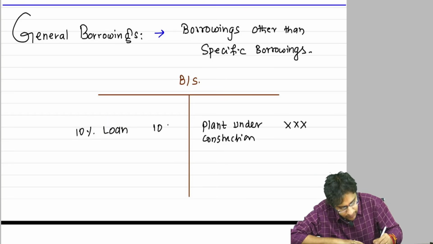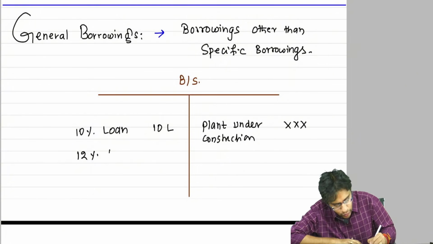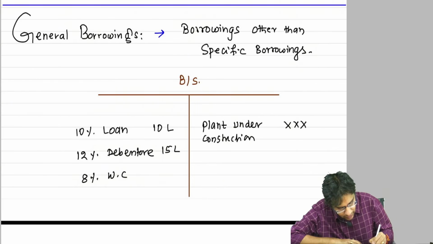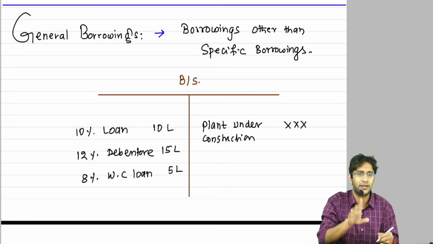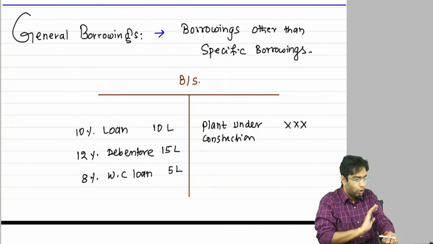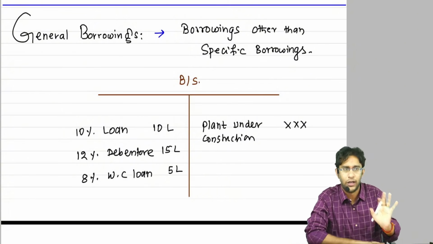Once upon a time, you issued a 12% debenture. You have an 8% working capital loan. These three borrowings are there in your balance sheet. These are not specific borrowings. They are not obtained for this asset specifically. They are simply other borrowings which are there in your balance sheet.